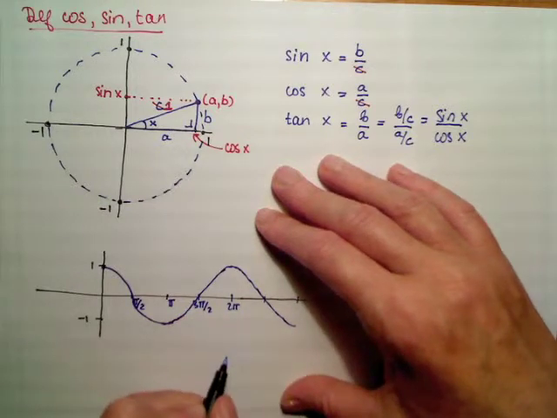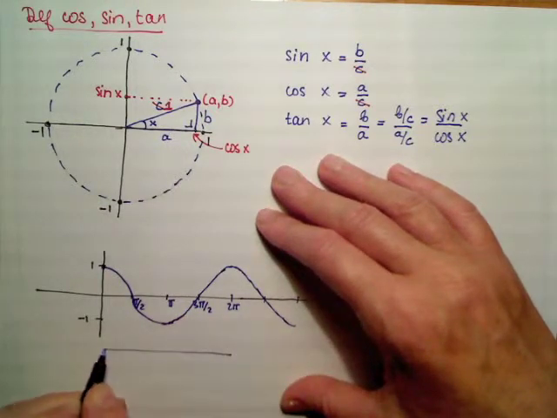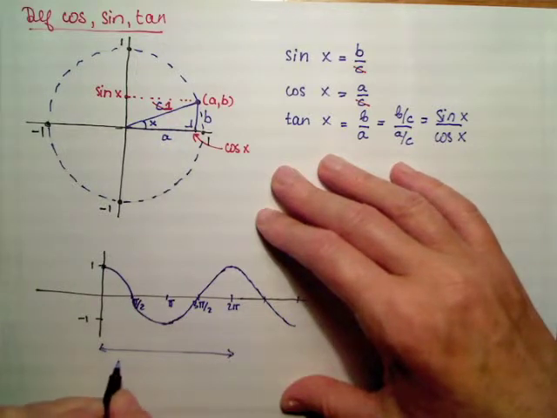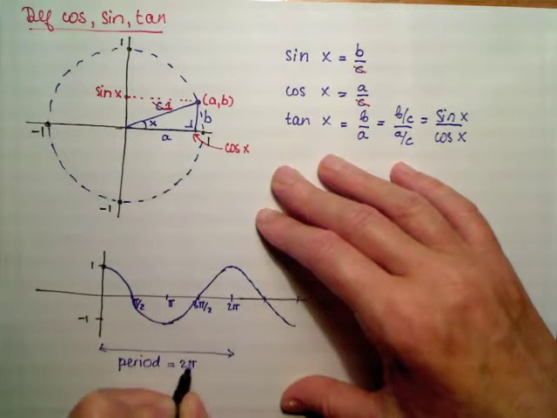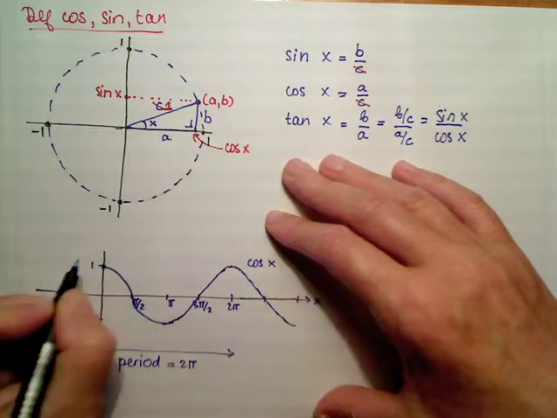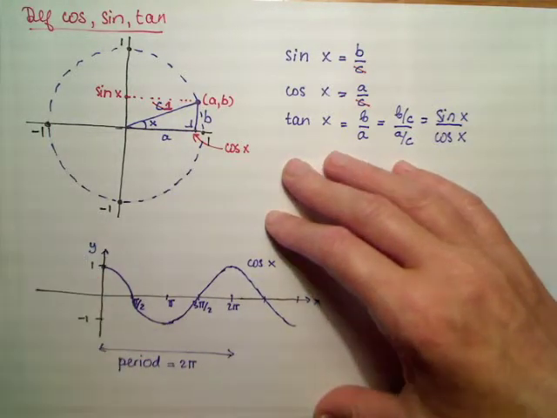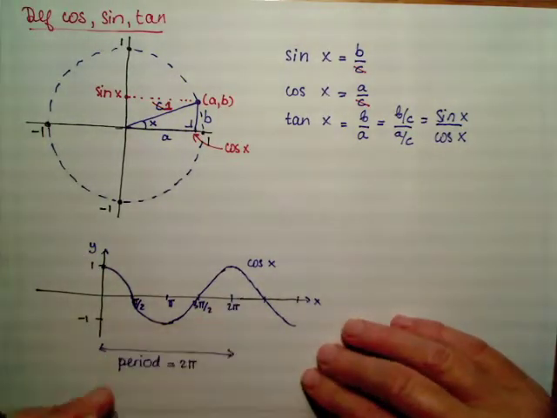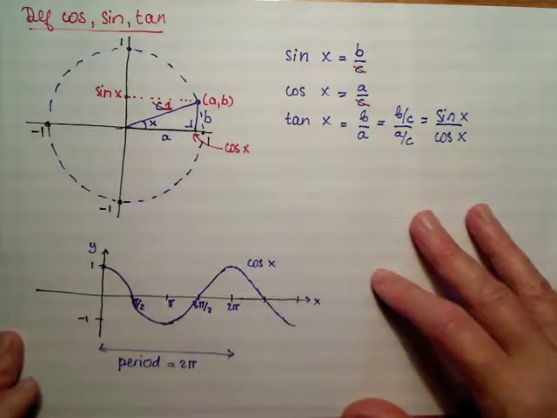So there's a sort of repetition. After 2 pi, the values repeat themselves, and we call this the period. The period is 2 pi. So we have cosine x over here. Now, of course, the picture is not very nice.